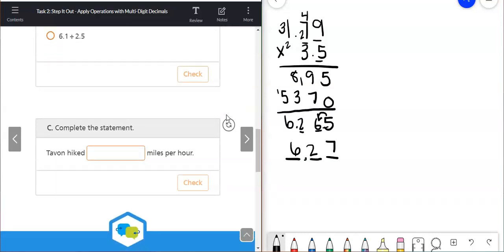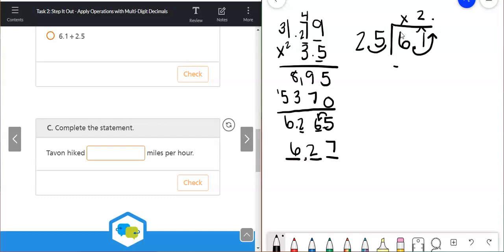And now let's actually solve it. We have 6.1 on the inside and then 2.5. We have this decimal on the outside, so we move it once, then move this one once. 25 does not go into 6, but it goes into 61 twice, because 25 times 2 is 50.